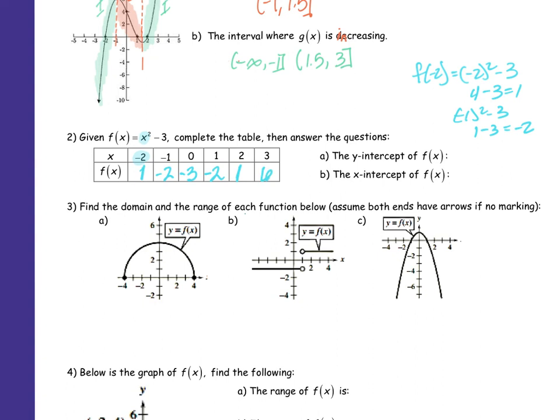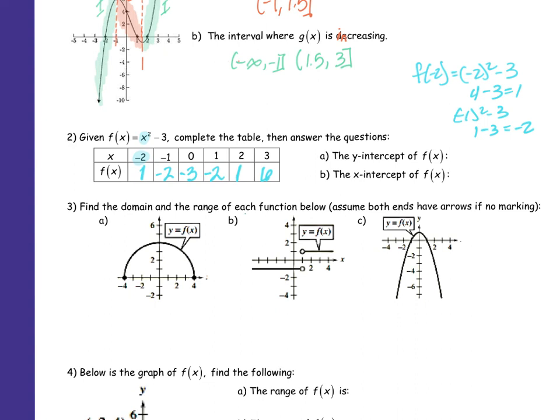So now we filled in the table. Does anybody have any questions about how I filled in the table before we move on? Okay, awesome. Let me make this bigger so I can see all of you. Okay, great.